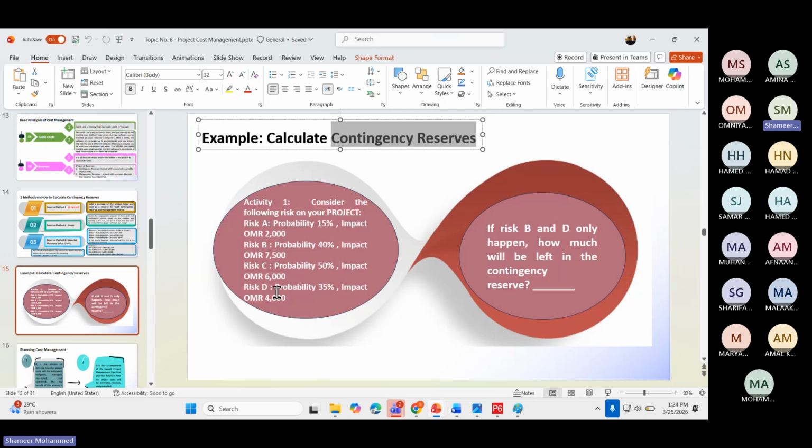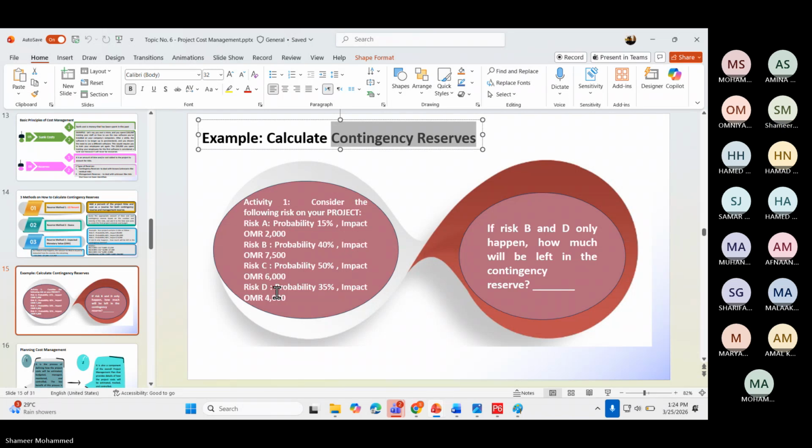So total is 7,700. So 7,700 minus 3,000 and minus 1,400. So total is 4,400.